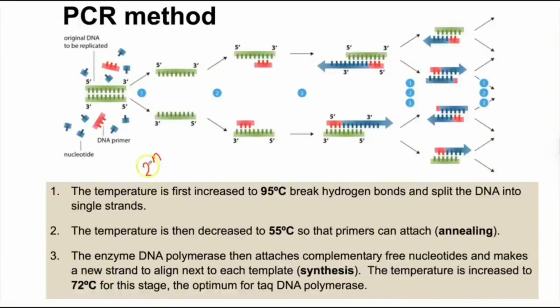And if you didn't start with one DNA molecule, however many you started with, you would multiply by that. So if we started with 100 fragments, we would then do 100 times 2 to the power of n. And if you left that going, let's say for 10 rounds, we would then do 2 to the power of 10 times 100, and that would tell you how many DNA fragments you'd have at the end.